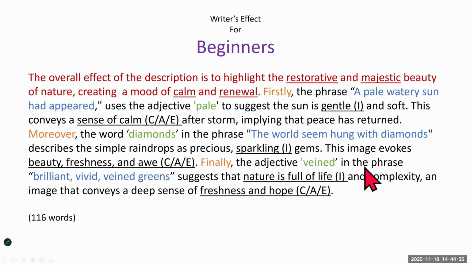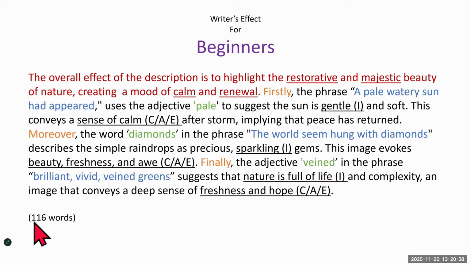Finally, the adjective veined in the phrase brilliant, vivid, veined greens suggests that nature is full of life, and complexity. An image that conveys a deep sense of freshness and hope. CAE again. So I've got the phrases in blue and the word I'm zooming in on in green.